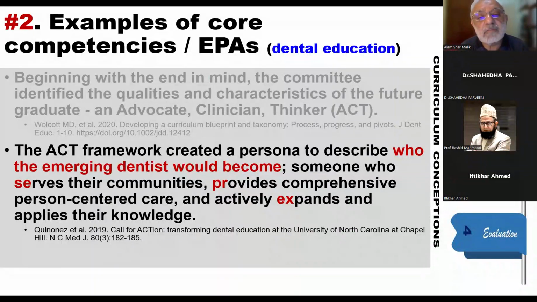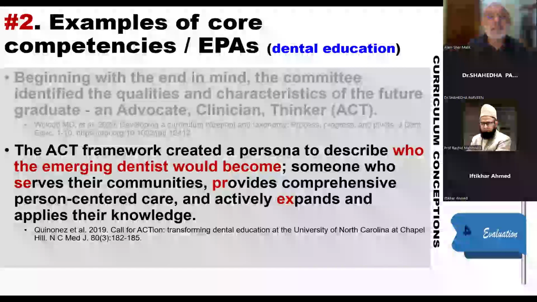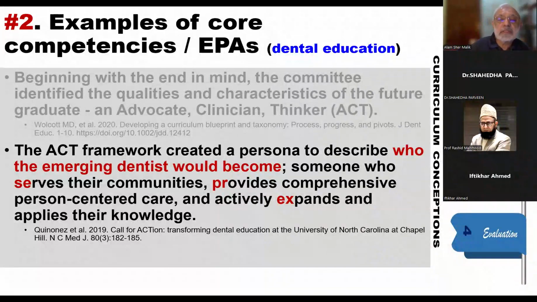The ACT framework created a persona to describe who the emerging dentist would become. With these 3 elements, the whole curriculum would be devised. The graduate would be someone who serves the community, provides comprehensive person-centered care, and actively expands and applies their knowledge.